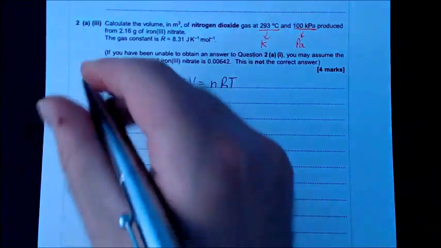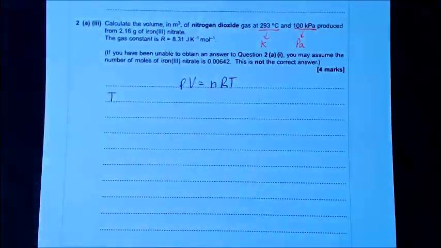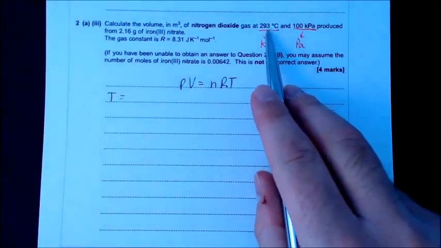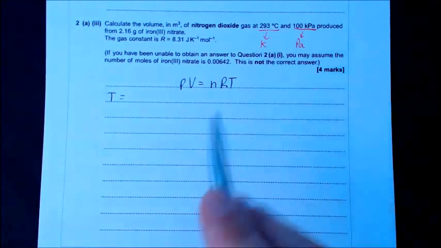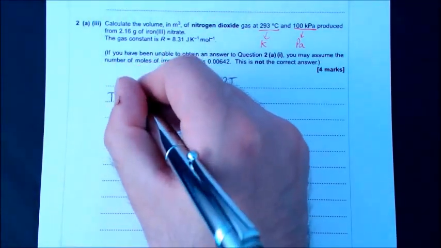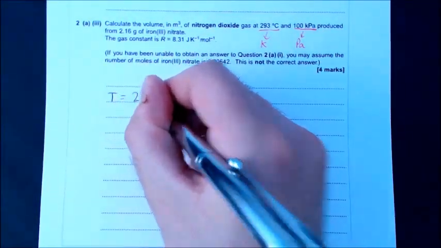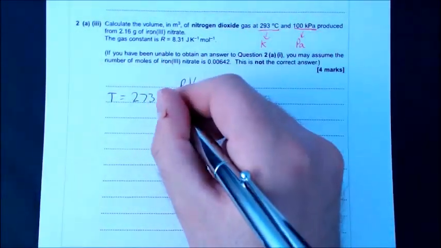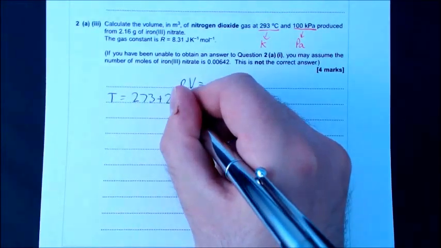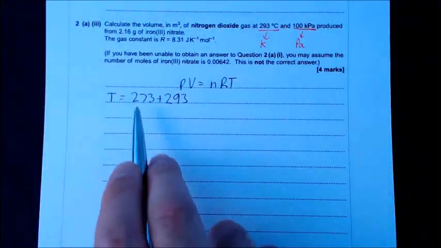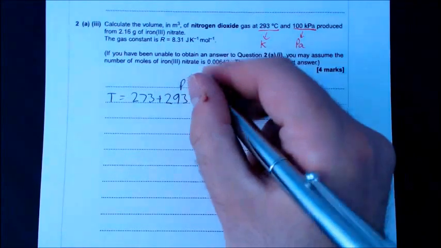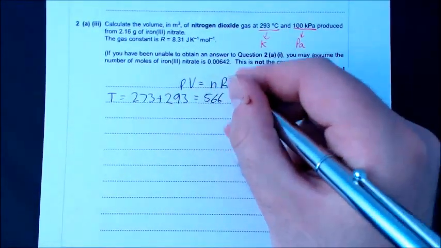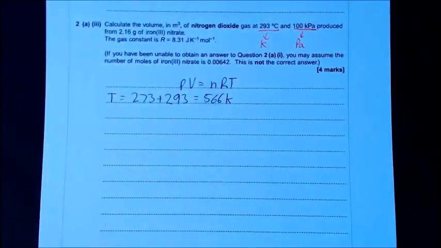So if we take our temperature, to convert this into Kelvin, all we do is take 0 degrees Celsius, which in Kelvin is 273 Kelvin, and add on 293, because that's positive 293. So 273 plus 293 should give us an answer of 566 Kelvin.